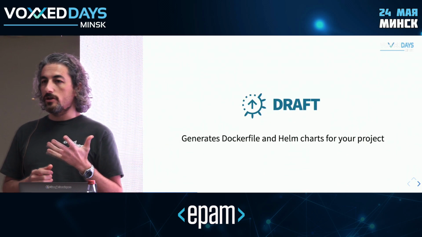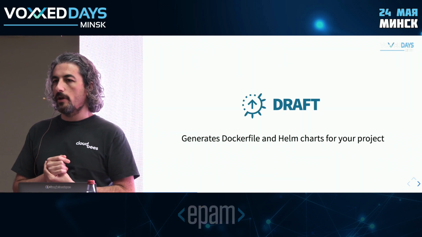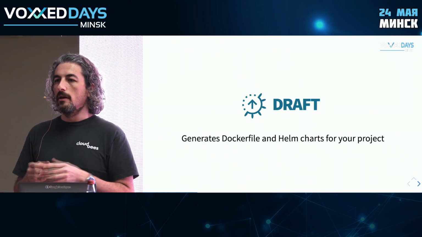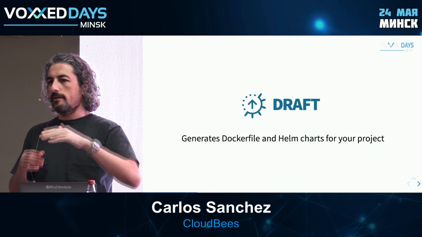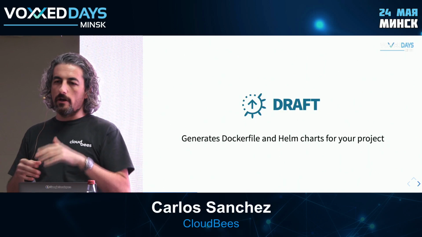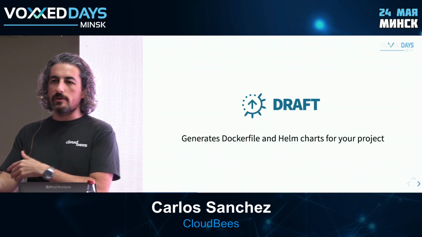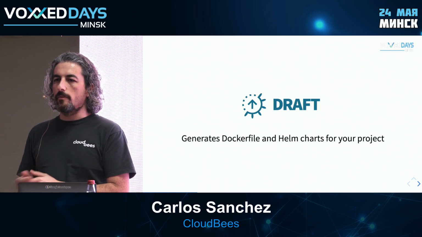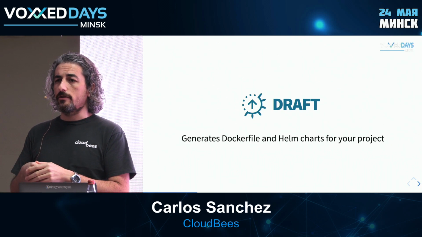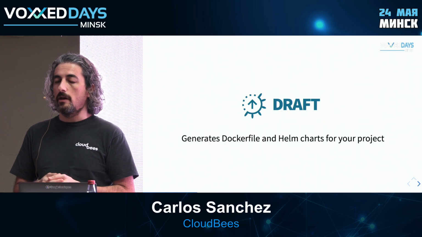And Jenkins X also uses Draft to generate the Dockerfile and Helm charts for your project, so you don't have to do that manually. It will look at your project and detect the language. So if it's a Go project, it's going to generate the Dockerfile for Go and the Helm charts for Go. If it's a Java project, it's going to generate your Dockerfile based on one JDK image, and so on.